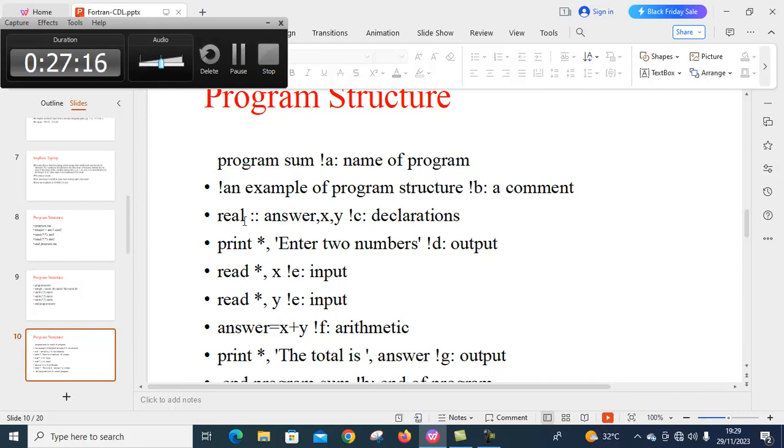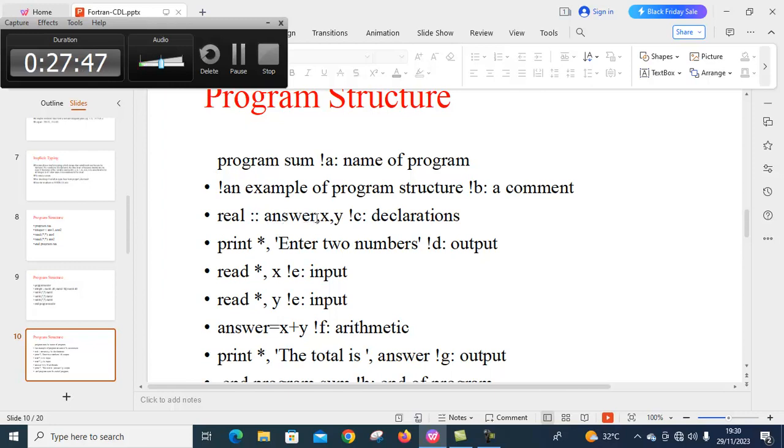Then real. This is a declaration, as I've told you earlier. Declaration of a variable, and the variable type we are using here is what? Real. So we talk about declarations here. Real, a double colon. At times it's possible for you to leave a space, you still arrive at the same answer.